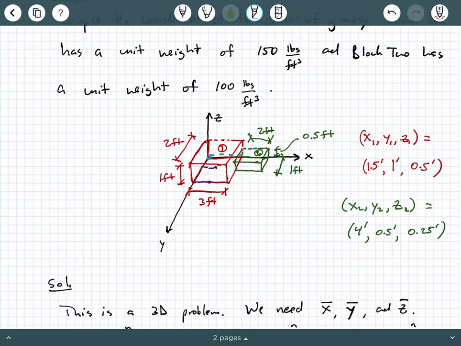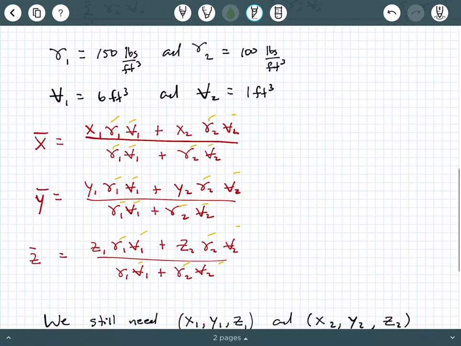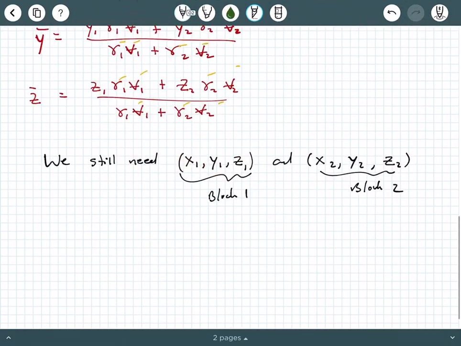Again, it's based on where the origin is. It's the distance from the origin to the centroid in that particular direction. So that's why it's 3 feet plus 2 feet divided by 2, which is 4 feet total. Okay. So now that we have these measurements, now we're ready to substitute these values in here.